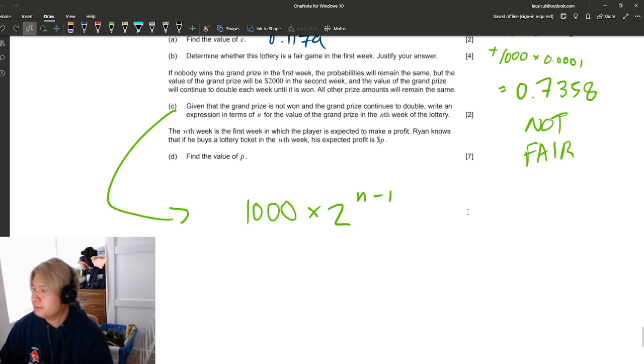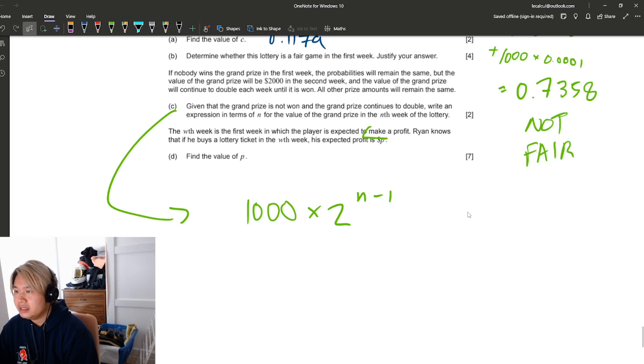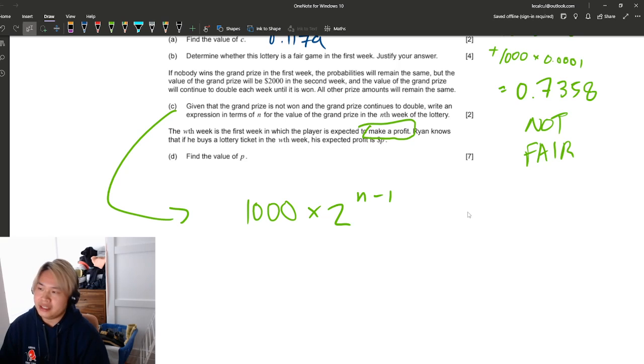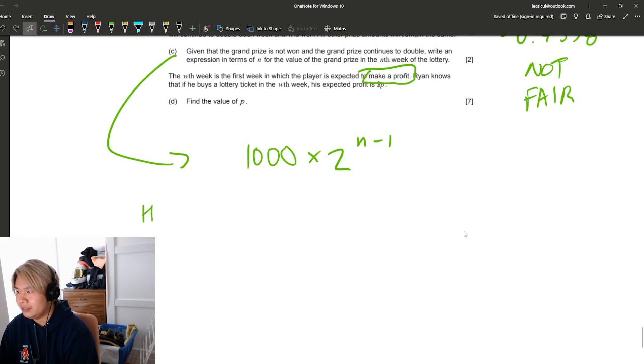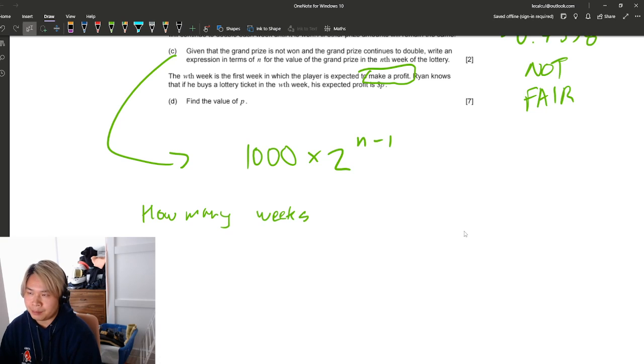So first off, you need to find out when he's going to make a profit. That means that first, you need to find out how many weeks before it breaks even. So you need to find out how many weeks the expected value is going to be $2 first.